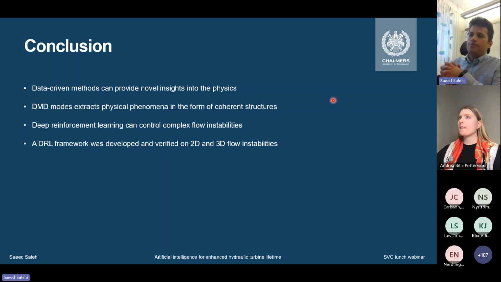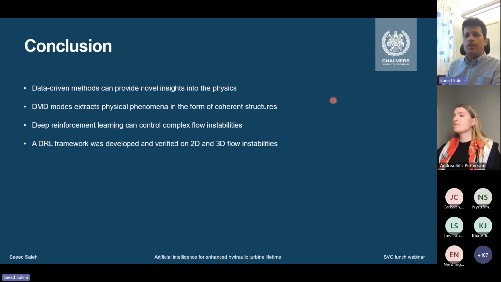And then we looked at deep reinforcement learning for controlling complex flow instabilities, and I developed a framework that is now working and verified on 2D and 3D cases. There is still work to do, mostly about the efficiency of this framework.